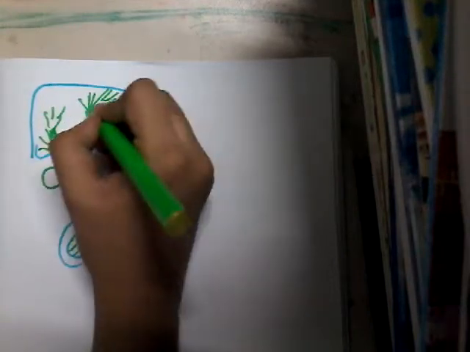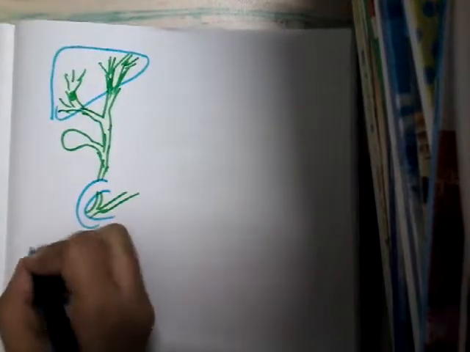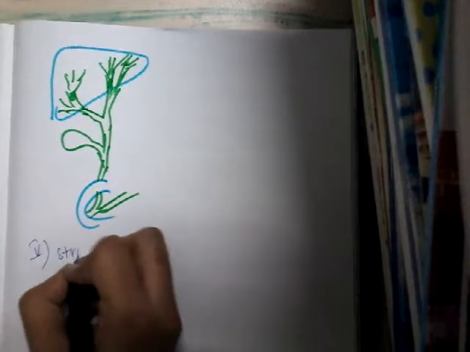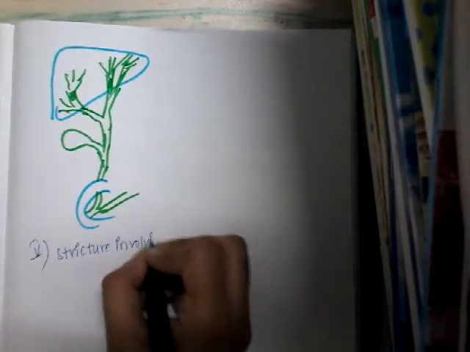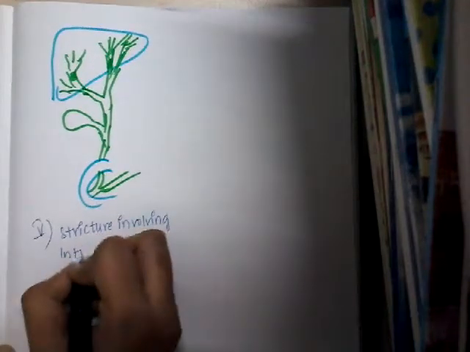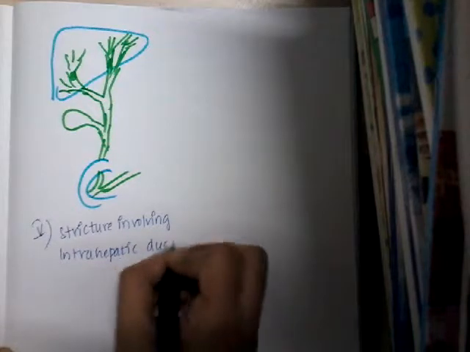So there is a stricture here and there is a stricture here. So in type 5, the stricture is involving the intrahepatic duct. Okay, so this is the Bismuth classification of the biliary tree.